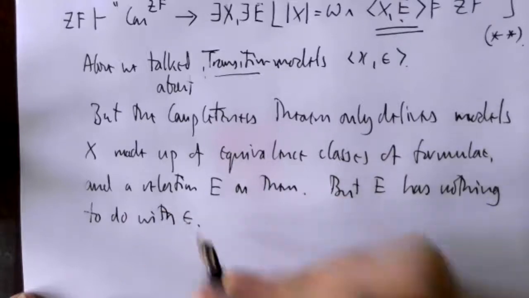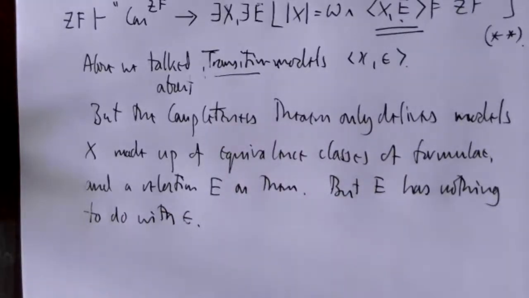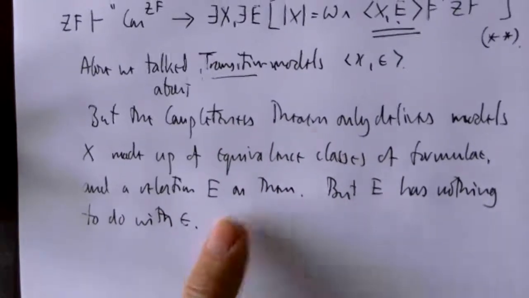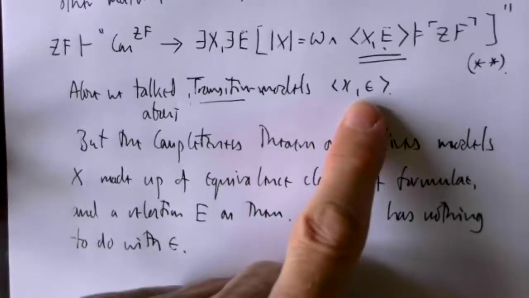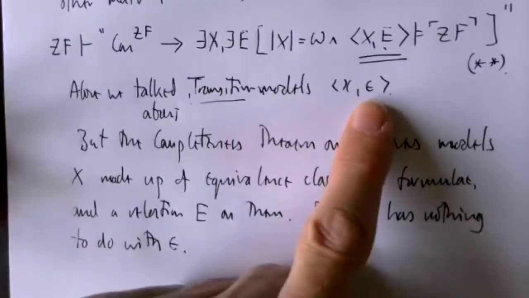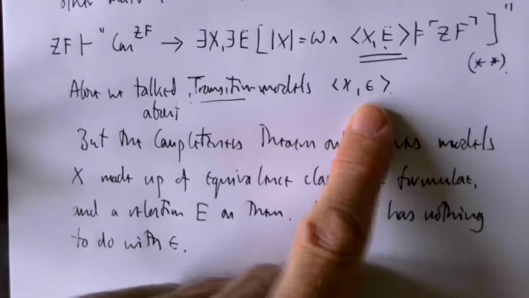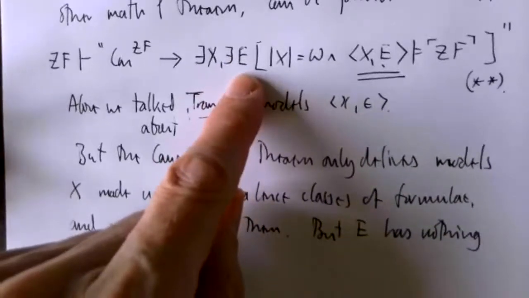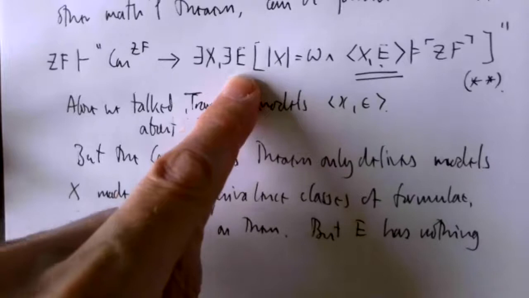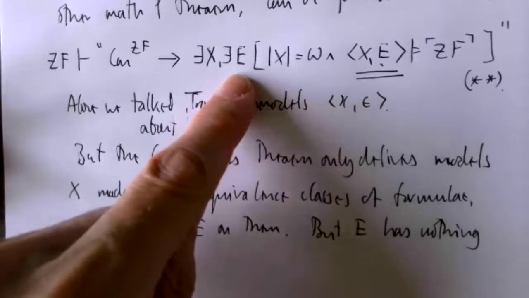And indeed, we talked about transitive models. Well, set membership is well-founded. There is no reason to think that this is a well-founded relation either. There's nothing in the completeness theorem proof that delivers a well-founded E.